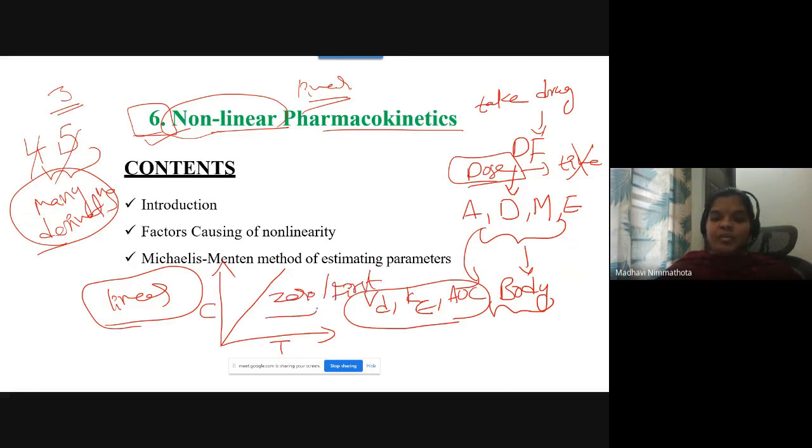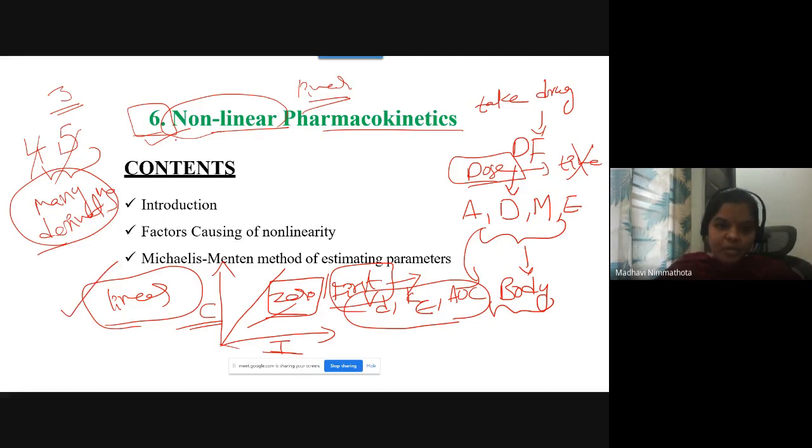If it is zero order, it is concentration independent. If it is first order, it is concentration dependent. Either way, it will follow linear kinetics when you take the plasma drug concentration and the time.